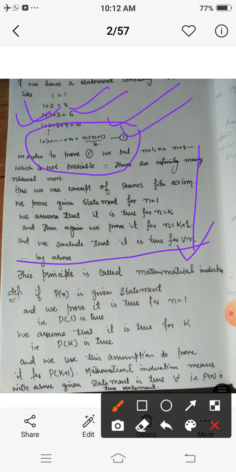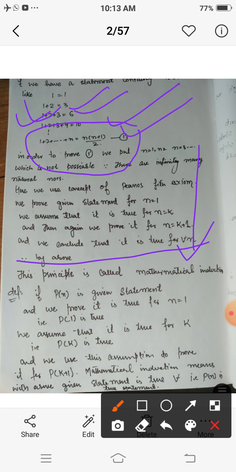So the principle of mathematical induction is used for those statements which contain n, and suppose we say that the given statement is p of n. That is, we have to prove it for p of n. What is the principle of mathematical induction?